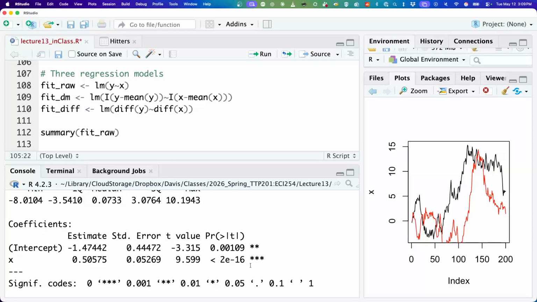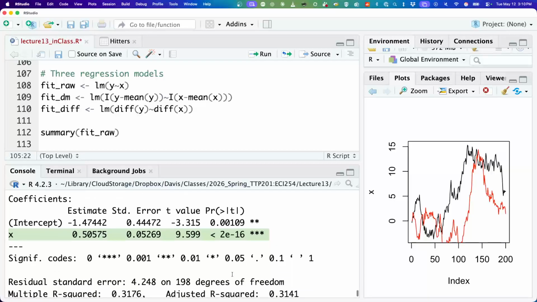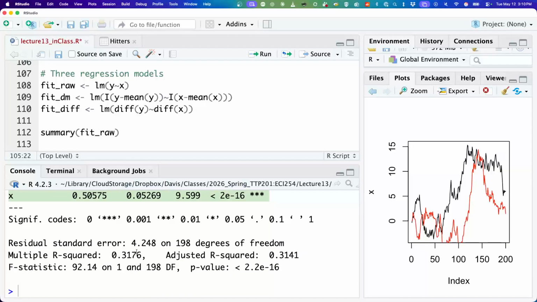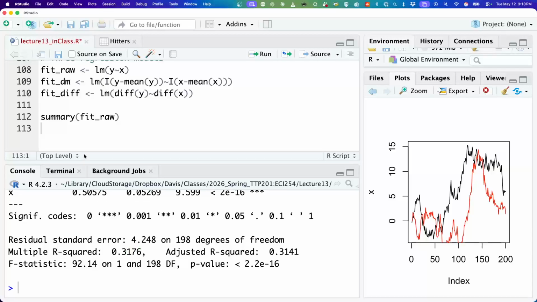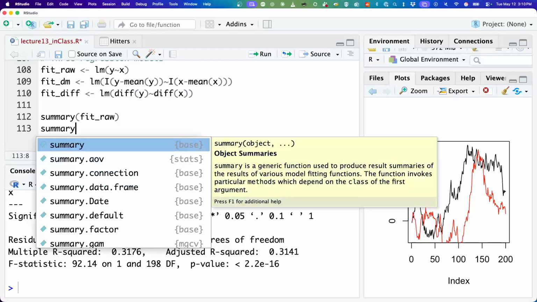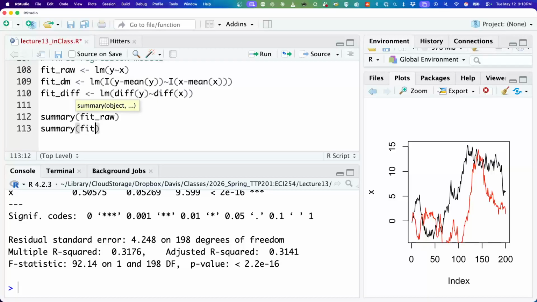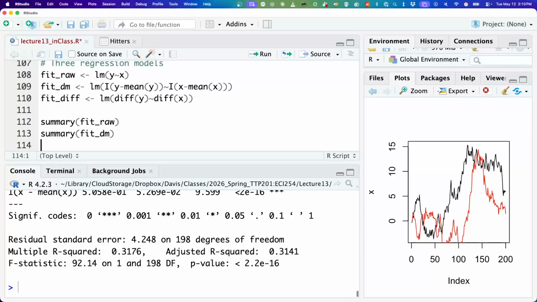So what we see here, we actually know to be not true. It's statistically significant. Not only that, you have a decently high r squared. Well, I guess that's not that high, but indicating at least probably this relationship. And let's look at the demeaned version.